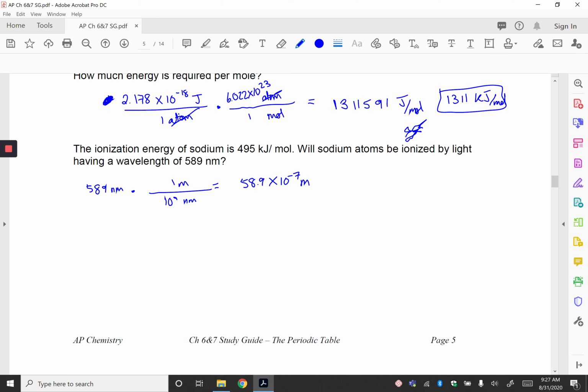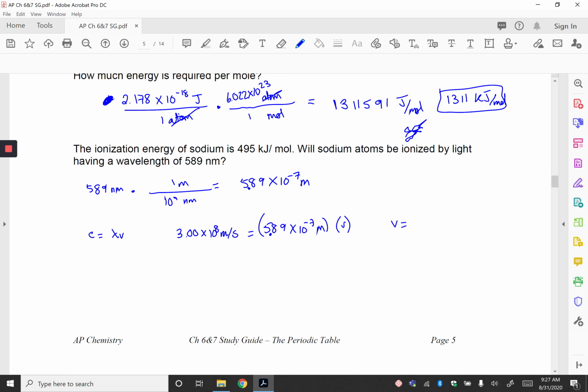Then, since I have wavelength and I need energy, I have to stop by the frequency first. So I'm going to say C equals lambda nu. So 3.00 times 10 to the 8th meters per second is equal to 5.89, I'm sorry, 5.89, not 58.9, times 10 to the negative 7th meters, and then solve for nu.